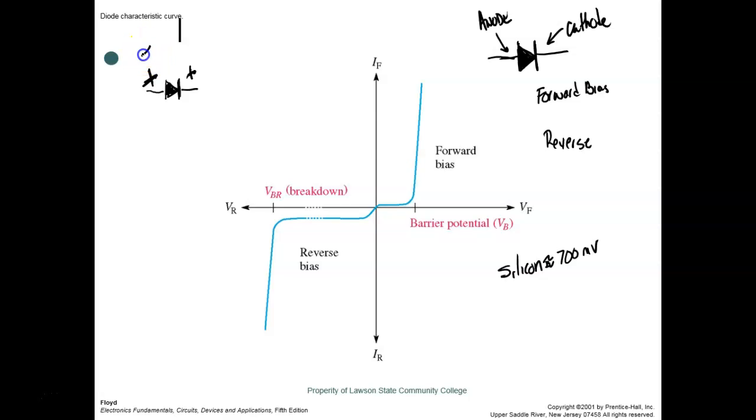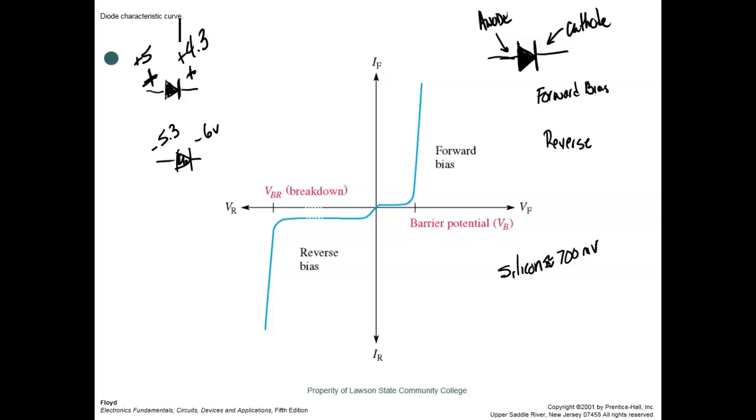So over here I could have plus 5 volts, and over here I would have 4.3 volts, but they would both be plus. Or I could come over here and have a negative 6 volts, and over here I would have a negative 5.3. It's in respect to, right?